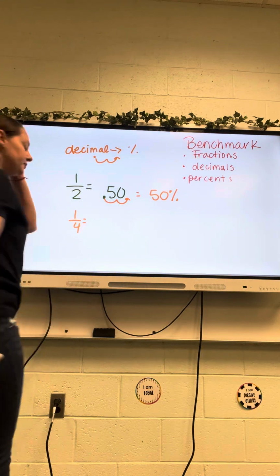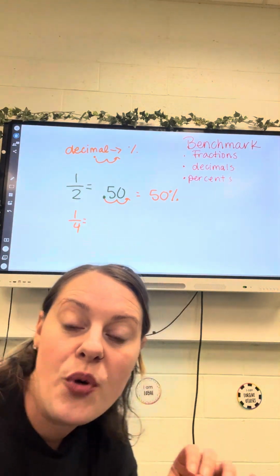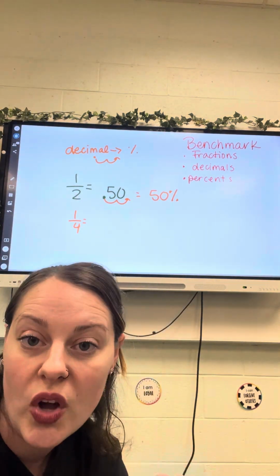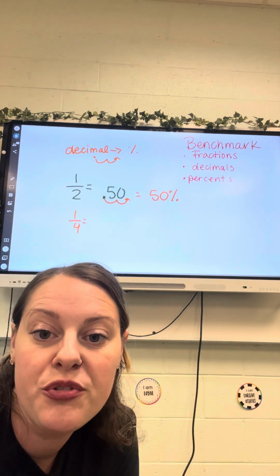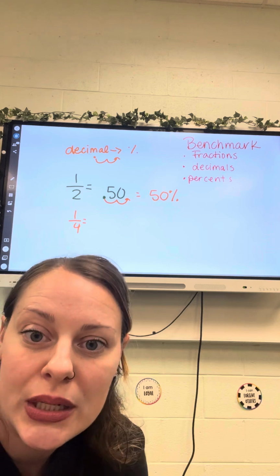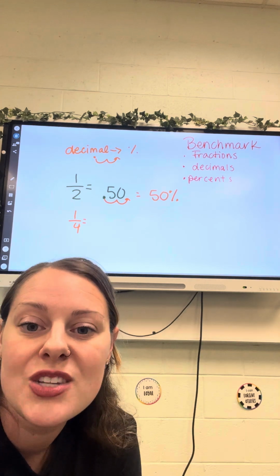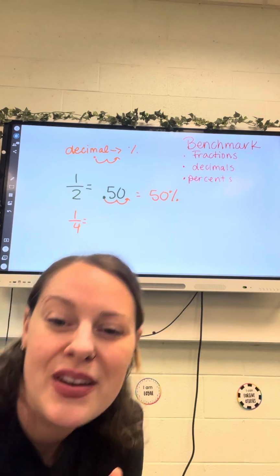Let's think about money once again. What amount of money do I need 4 of to equal a whole dollar? I'm going to give you a hint. It's a coin. What do I need 4 of to equal a whole dollar? 25 cents. You need 25 cents.